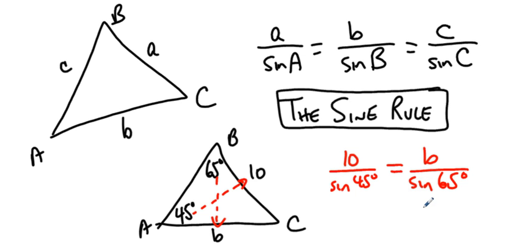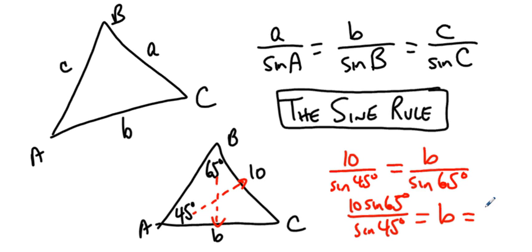And so I can find b just by saying that's 10 times the sine of 65 degrees divided by the sine of 45 degrees, and your calculator can figure out what that is, and you get approximately 12.8 to 3 significant figures.